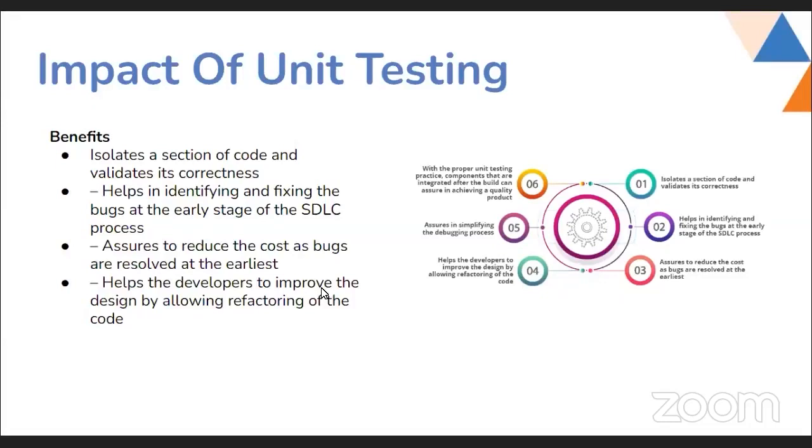One more benefit of unit testing is that it helps developers improve the design by allowing refactoring of the code. It also helps developers think through the design of the software and what has to be done before they write the code. So these are the benefits of unit testing.